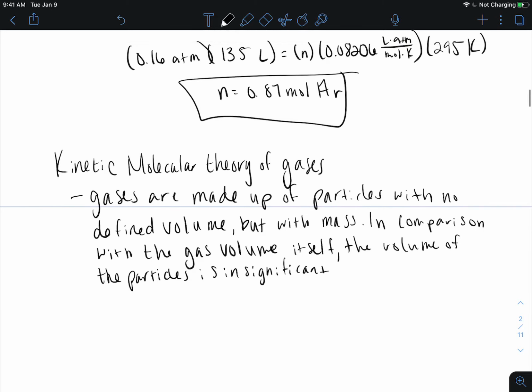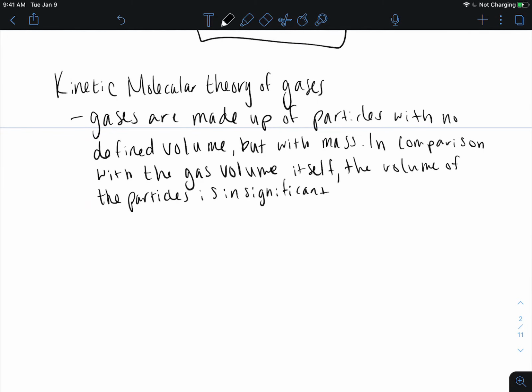Okay? So, we would say that the distance between them is so great that we don't even consider the volume that they themselves take up.